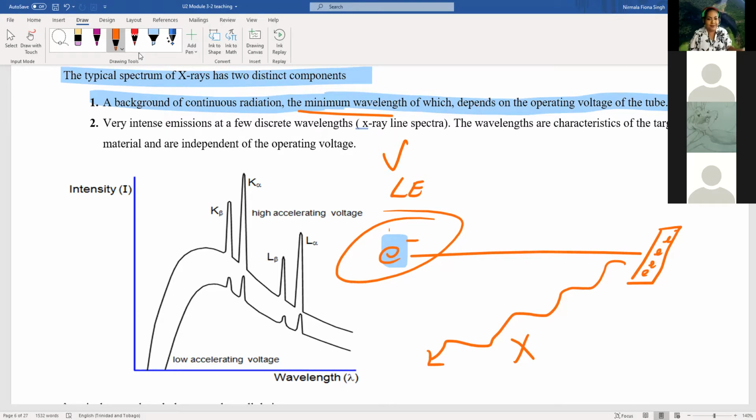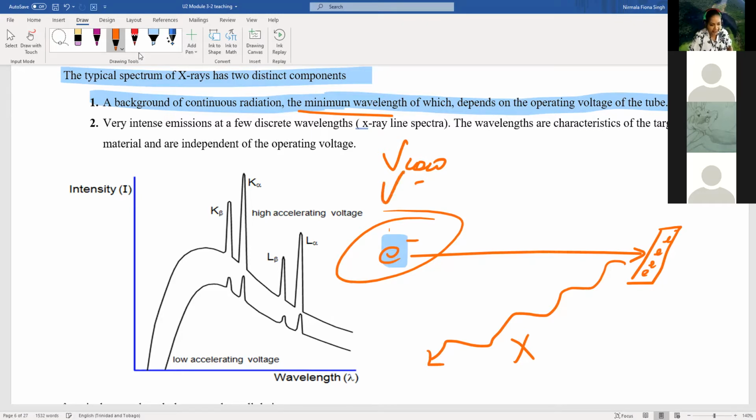So when I have a low voltage, I am not putting a lot of energy into my electron. So when that electron hits your metal, not that much energy is being transferred to your electrons. So they're not going to probably move from the K level. They're probably going to be an L or M level electron, M level X-ray.